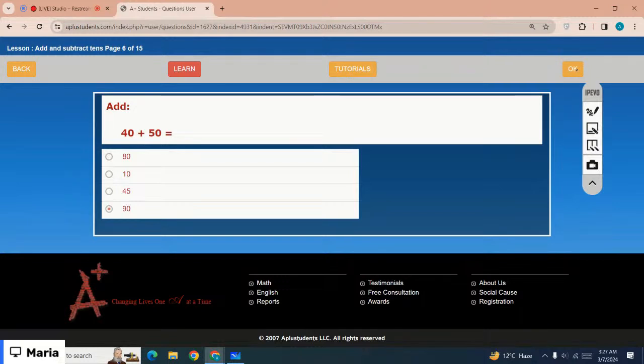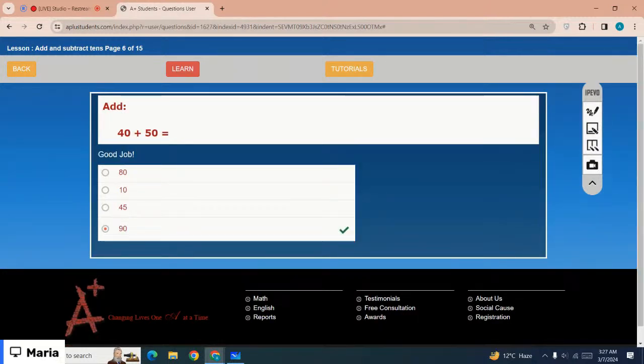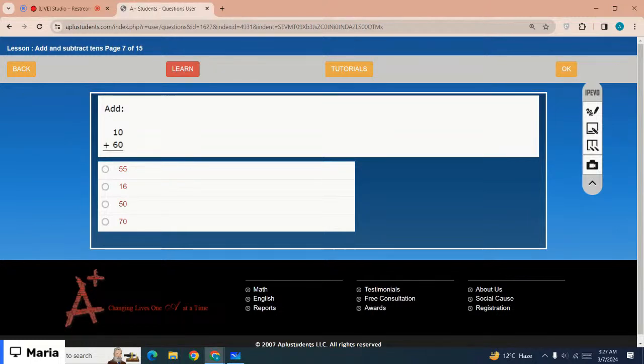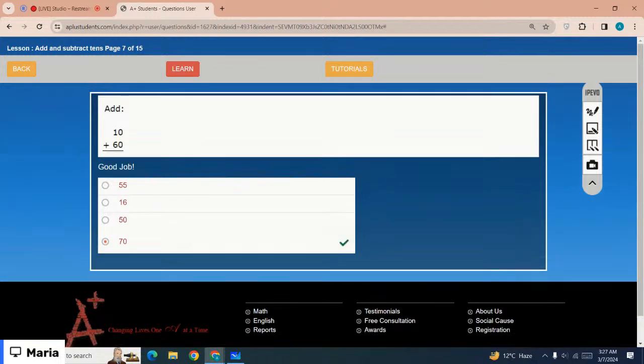Yes, 40 plus 50 is 90. 10 plus 60, which is the correct option? The correct option is 70. 10 plus 60 is 70.